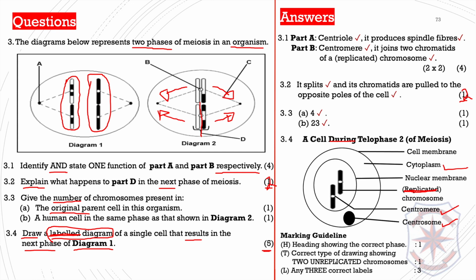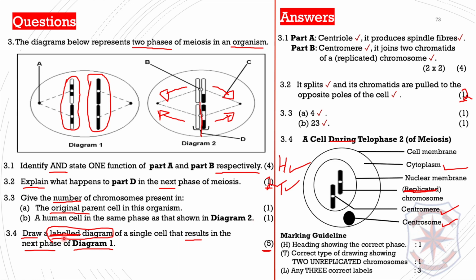You'll see the marker writing H and then a tick or a cross. The other mark will always be for the correct type of drawing, another mark. Okay, so we've already used up 2 marks. The other 3 marks should be for the labels.